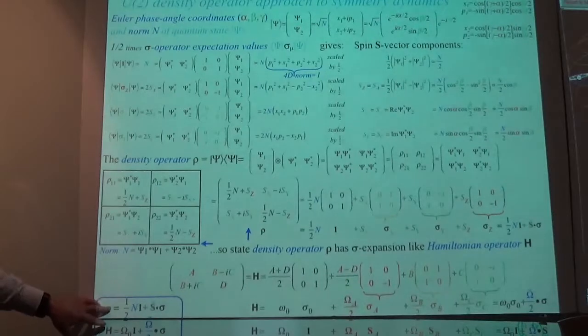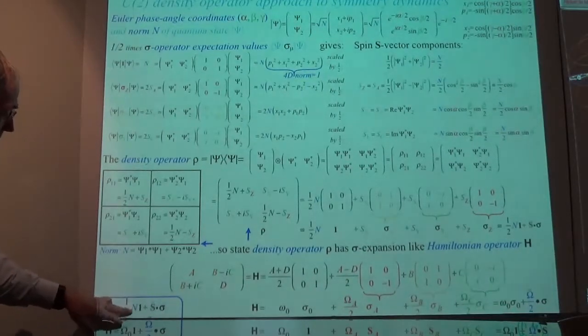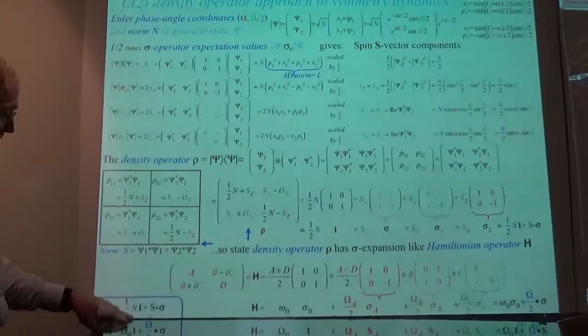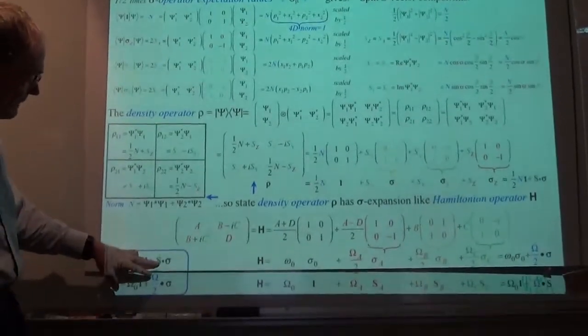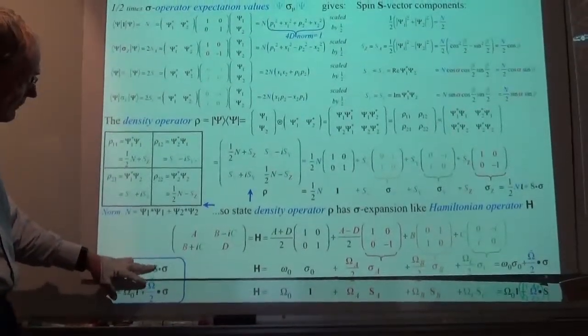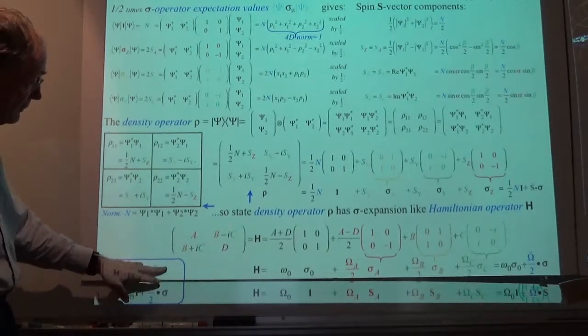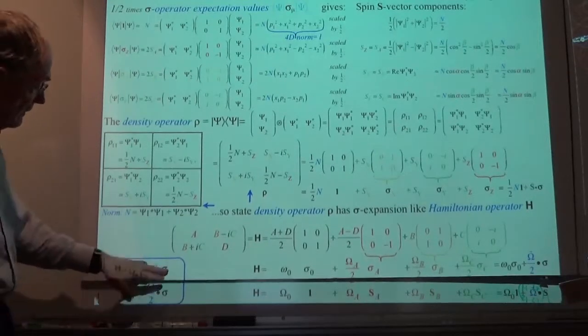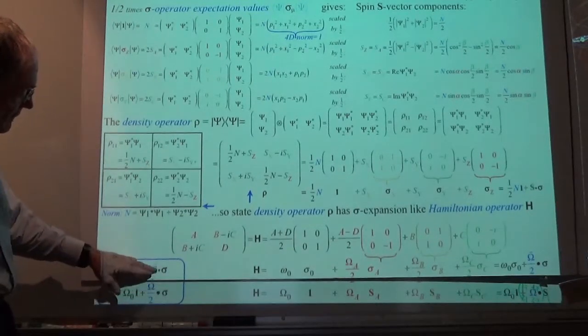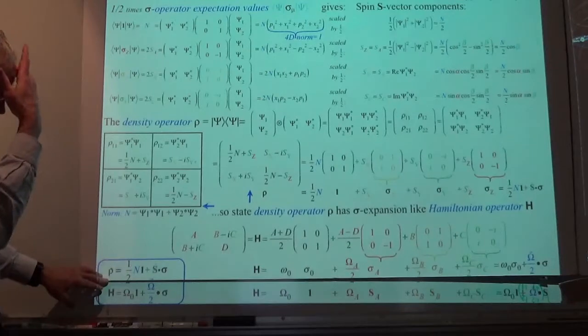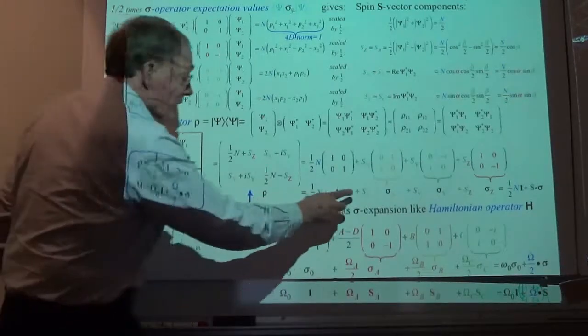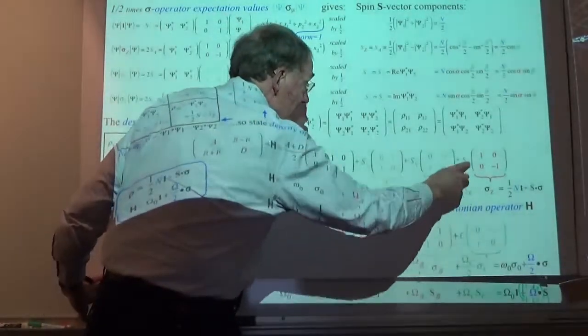The density operator is equal to some normalization with a 1/2, and then the actual spin that describes the state of the spin vector, the expectation values of the spin dotted with sigma. That's the operator part of it. This is just the numbers that multiply those operators, namely these numbers here, here, and here.